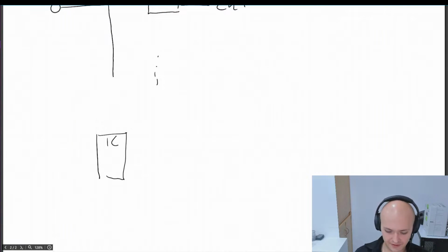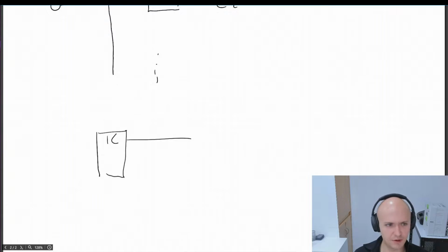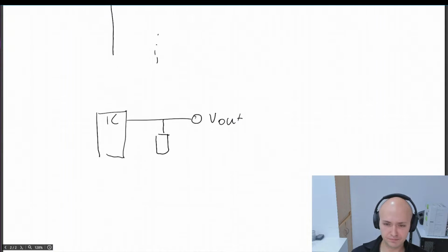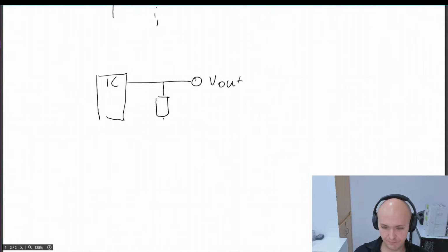So we will have our IC here, or our switching or DC-DC controller IC, and the current will come out. So we have the out. And those adjustable DC-DC converters have a feedback loop. So there is a resistor, and then there's another resistor.